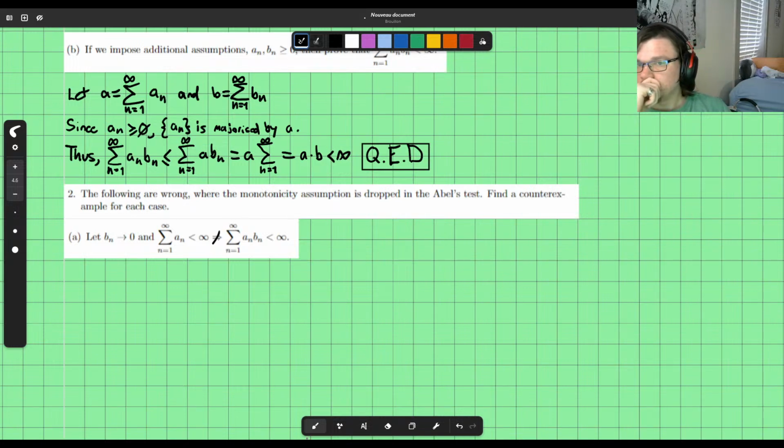I feel like it has to involve, if we're getting rid of monotonicity, trying to think. -1 to the n over n could be b sub n.